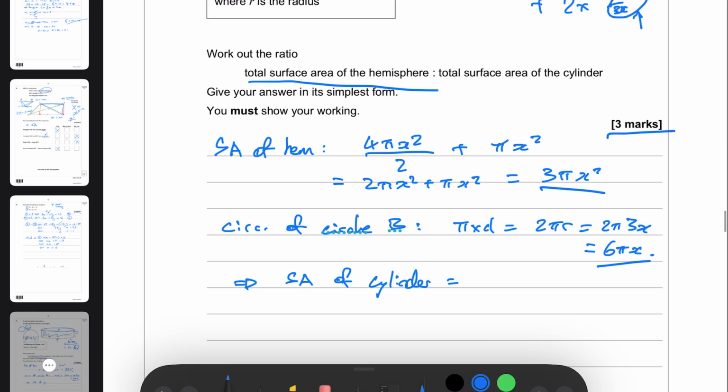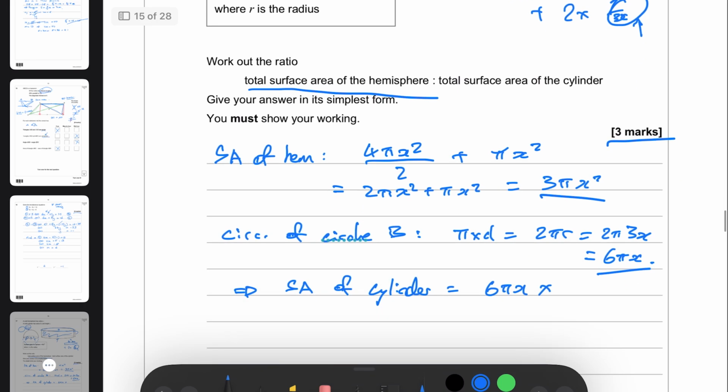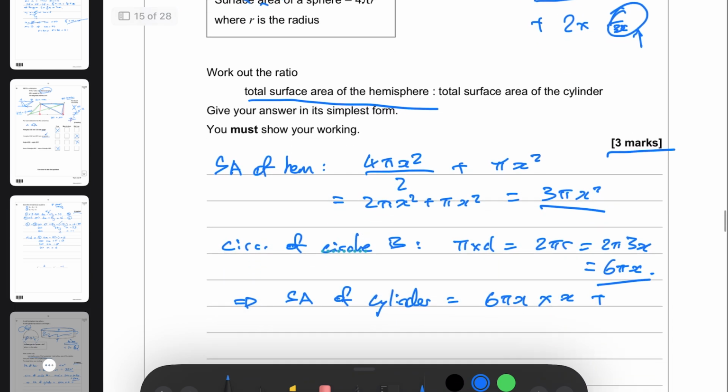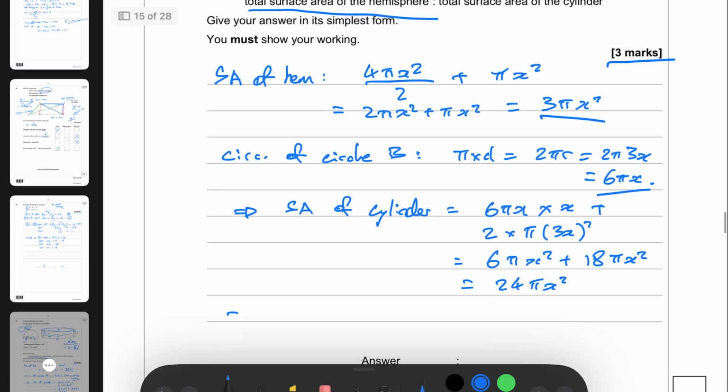It is equal to 6 pi x multiplied by x, plus 2 times the circle, 2 times pi r squared, where r is 3x, which gives us 6 pi x squared plus 18 pi x squared, which is 24 pi x squared.